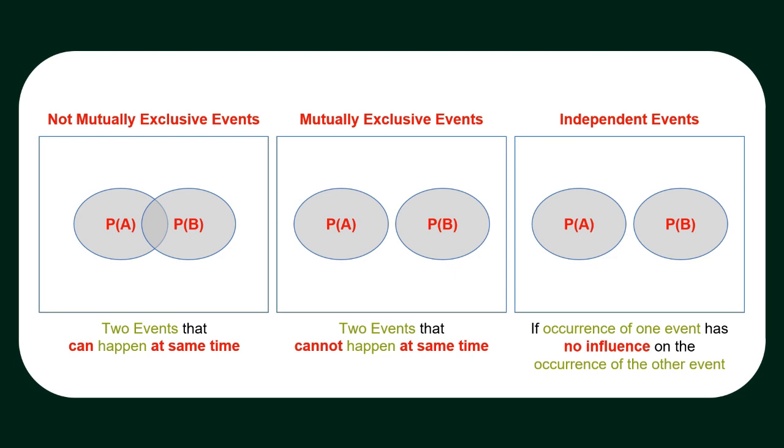It should be noted that two events that can happen at the same time are called not mutually exclusive events, and two events that cannot happen at the same time are called mutually exclusive events. If occurrence of one event has no influence on the occurrence of other event, then two events are called independent events. Let's understand these concepts with an example.